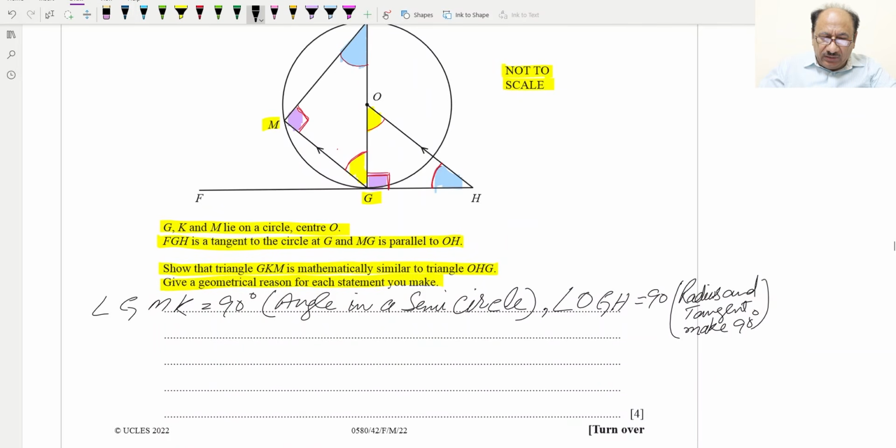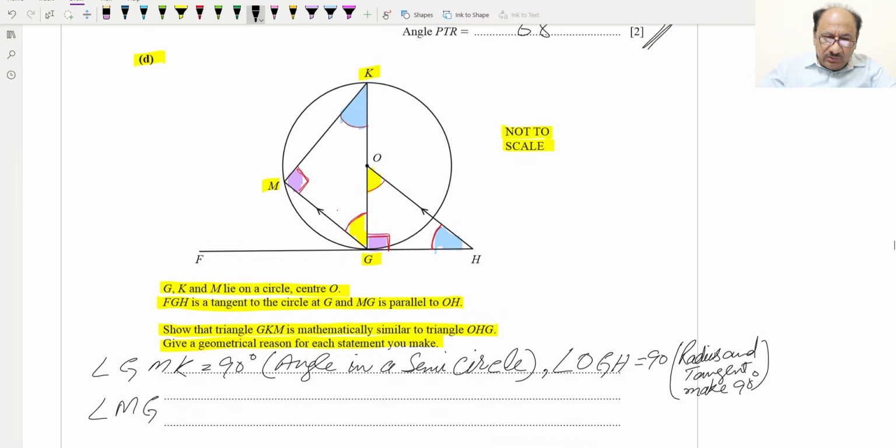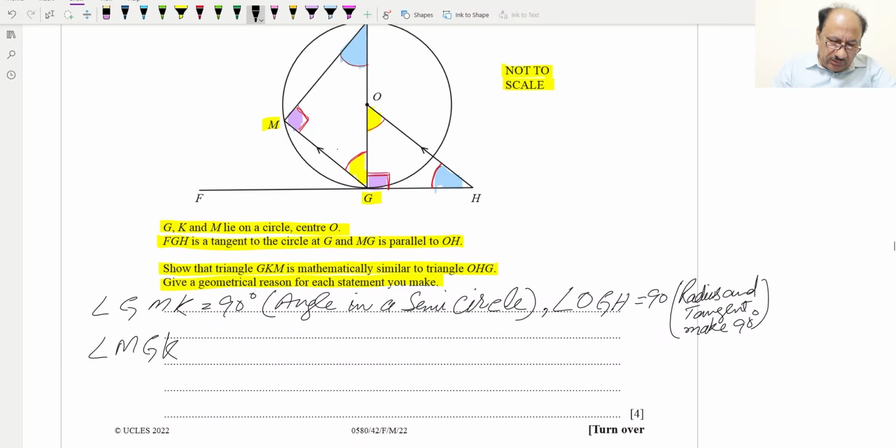Now the third angle: we can write angle MGK is equal to angle HOG.